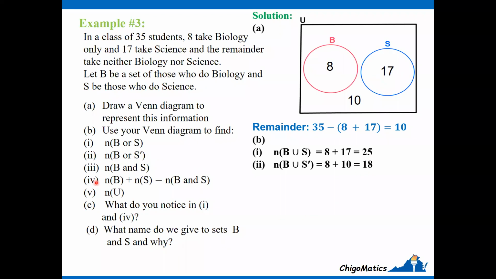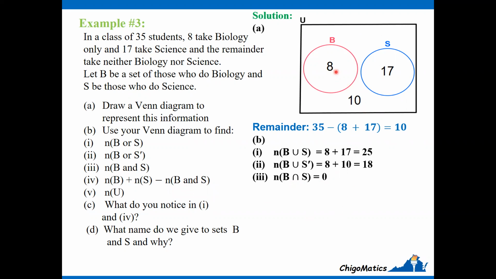Then number 3, number of those who do biology and science. You see that we don't have such who do both the subjects. So in such a case, it is simply equal to 0. Then number 4, number of those who do biology plus those who do science minus those who do both, right?